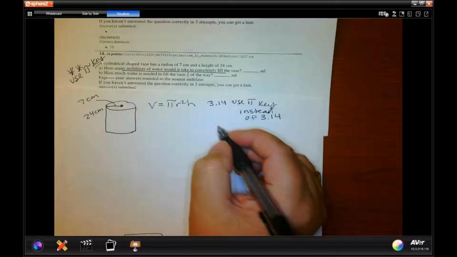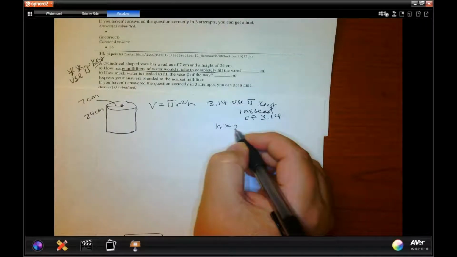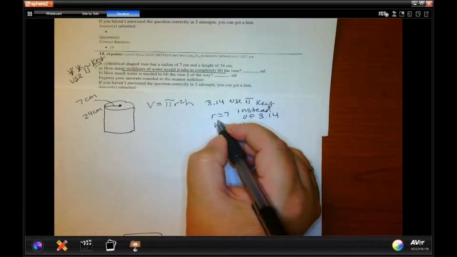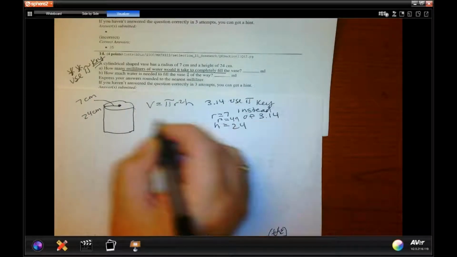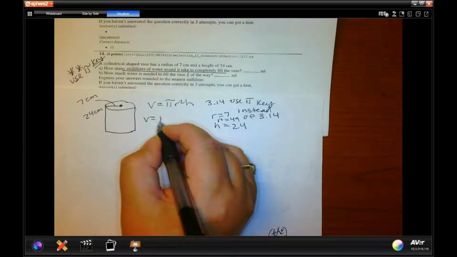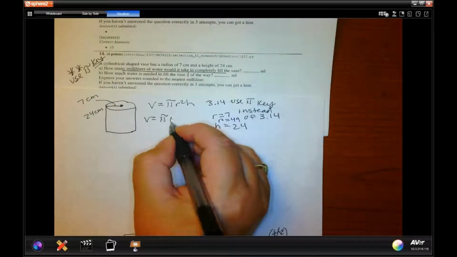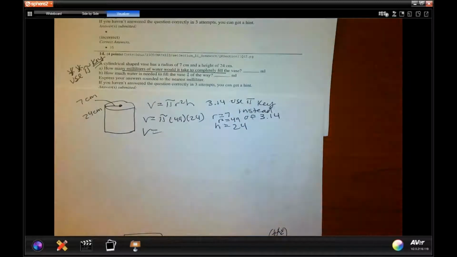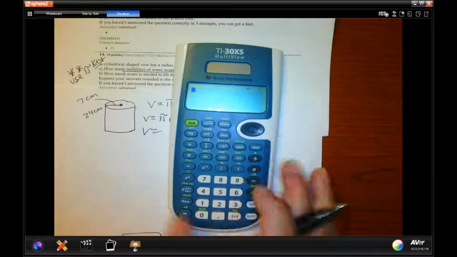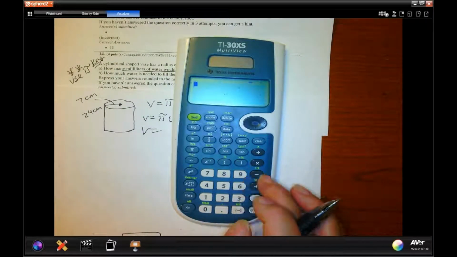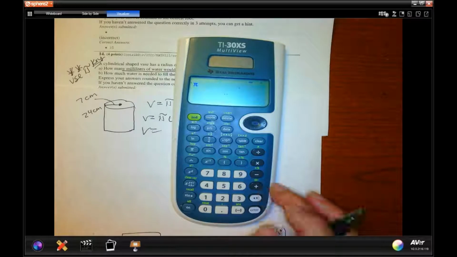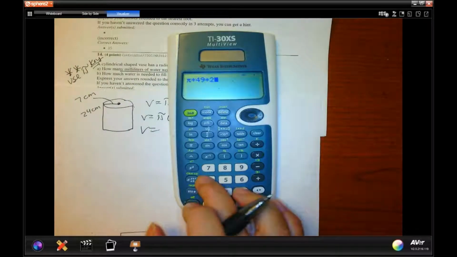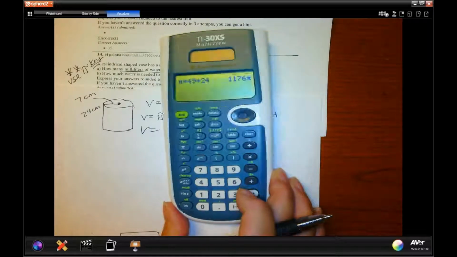The height was 24. The radius is 7, so r squared is 49. We're going to use the pi key: pi times 49 times 24, and hit enter.